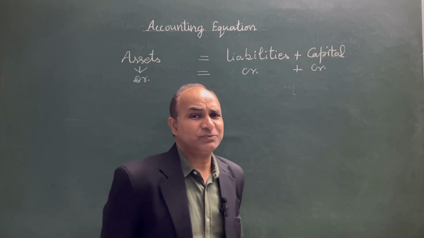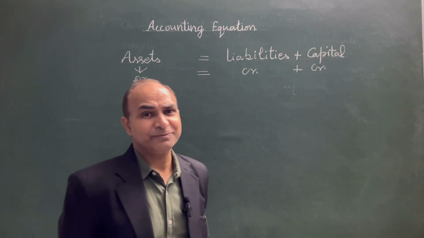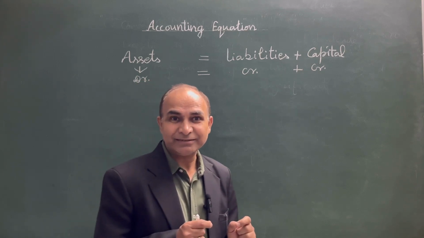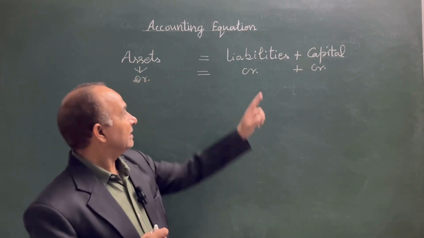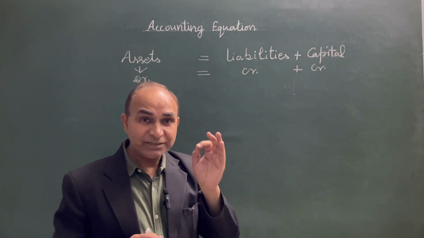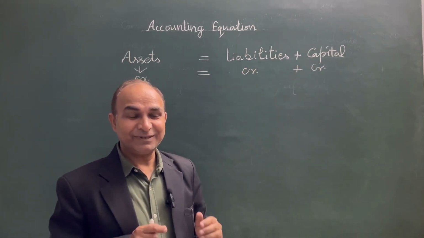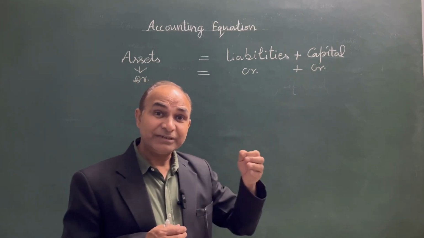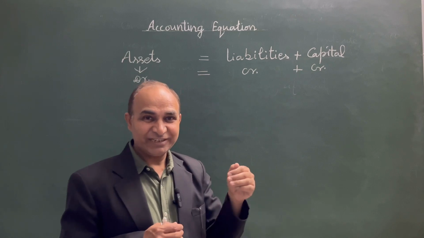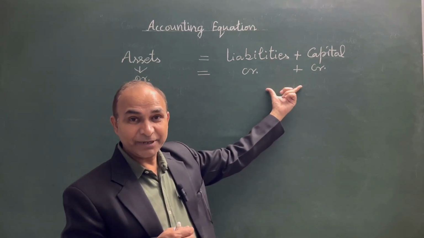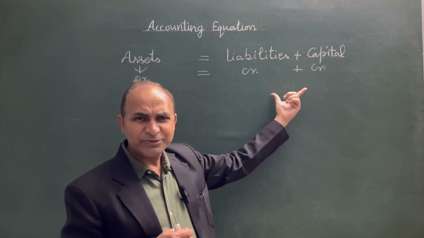What is the second aspect? The second aspect, which is very easy but necessary to know: liabilities and capital provide funds for the business, funds for its establishment, funds for its running, expansion and growth. And with the funds provided by capital and liabilities, what do we do?